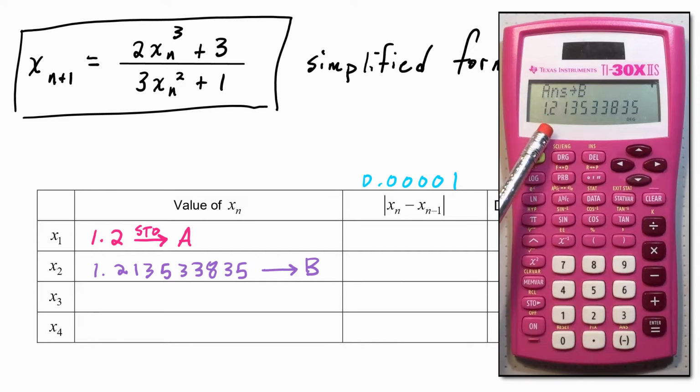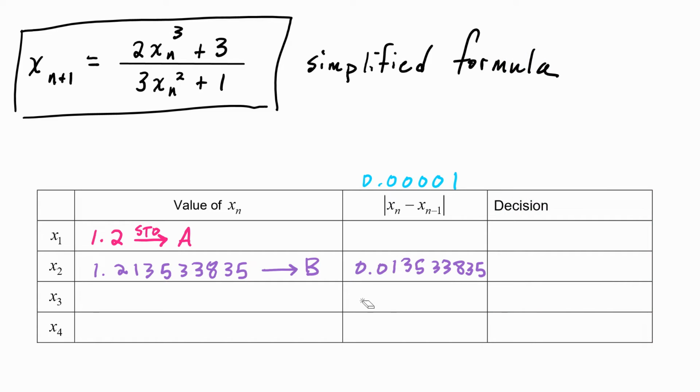Right now we have x2 in there, and we can just subtract x1, which was memory variable A, and hit enter, and we see that the difference is 0.013533835.